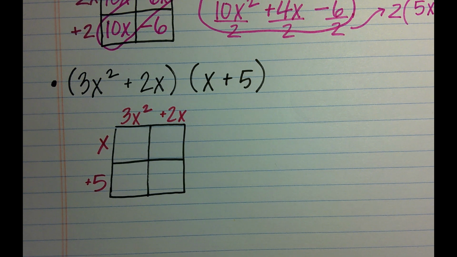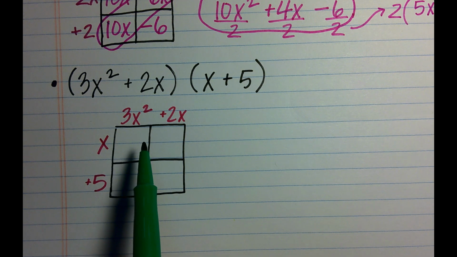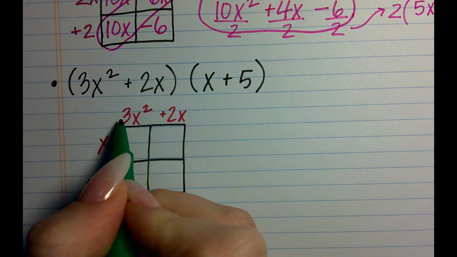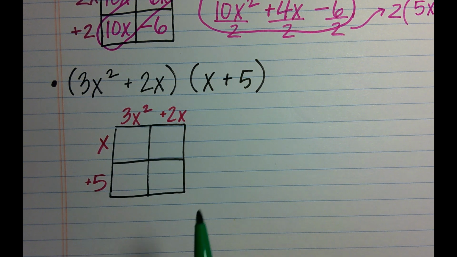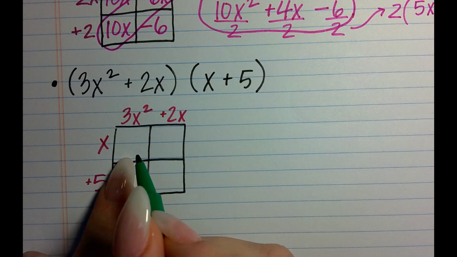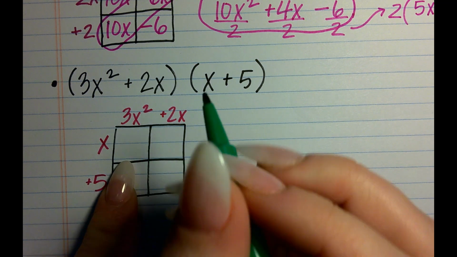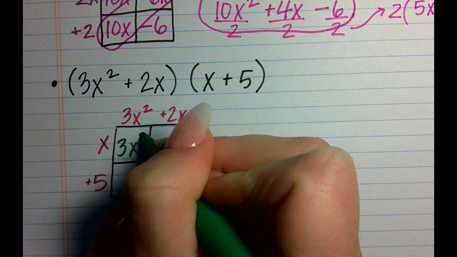So, in my first box here, what two terms do I multiply? My 3x squared times what? Times x. What's that going to give me? 3x to the third power. Good.